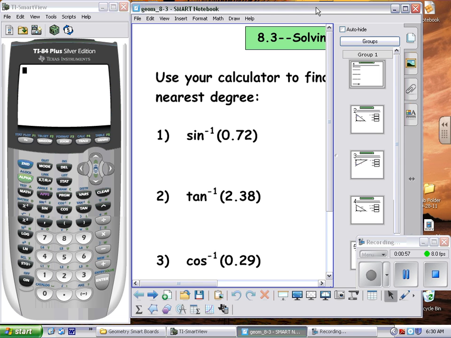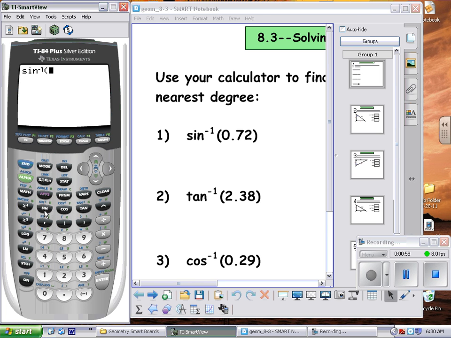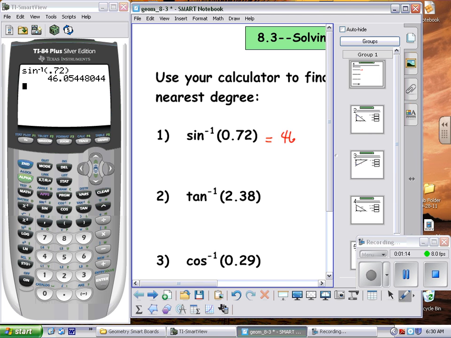So you go in your calculator, second, hit the sine button, and then put the ratio in and hit enter, and that's it. That's all you do. So you know that that angle, let's say that was angle A, is 46.05 degrees to the nearest hundredth.